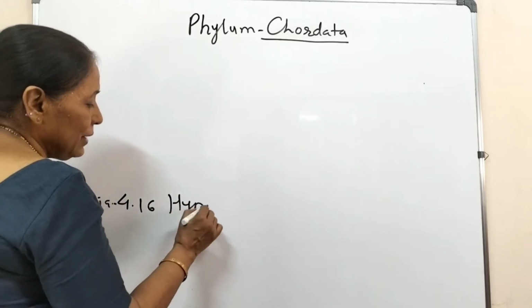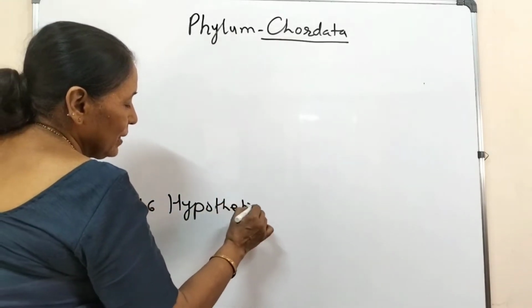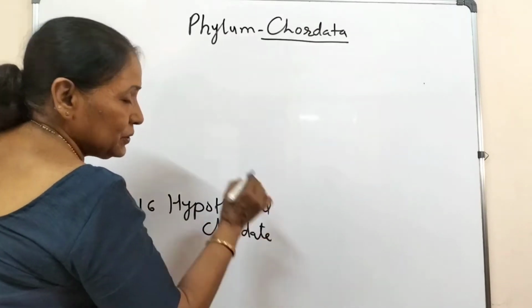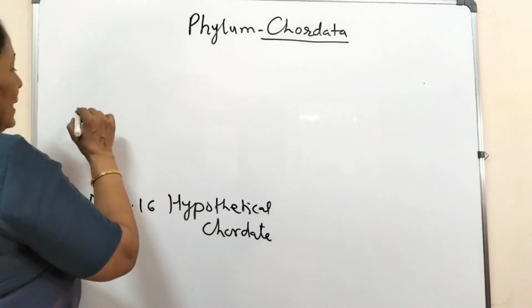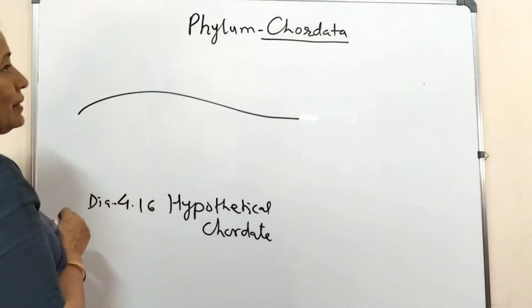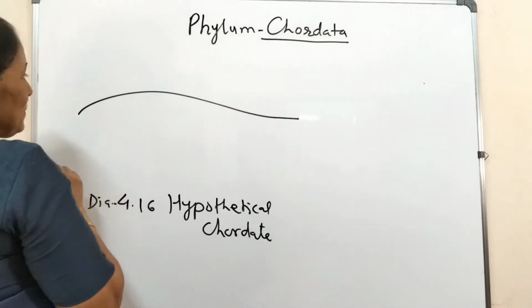This is that of a hypothetical chordate where all the characters of chordates are shown. Let us see this diagram, and with its help we can understand all the characters of chordates.